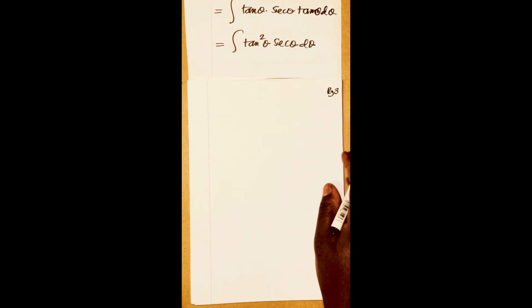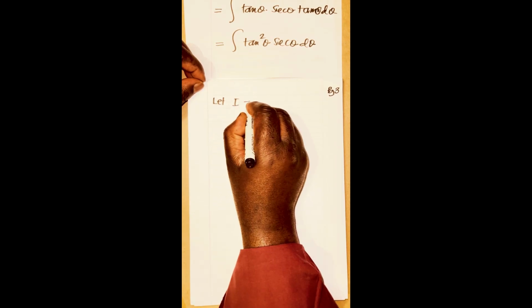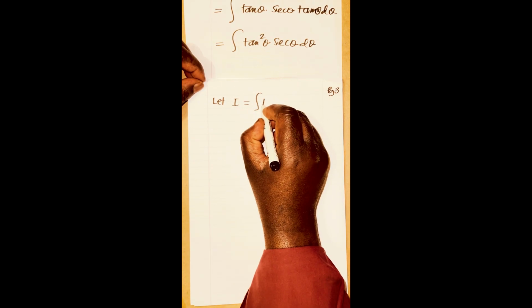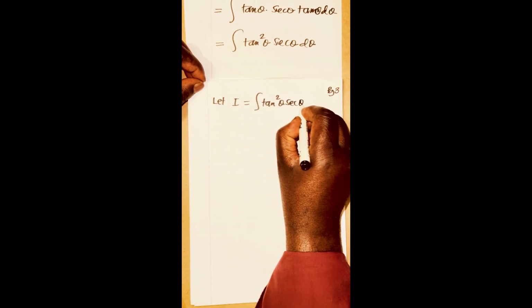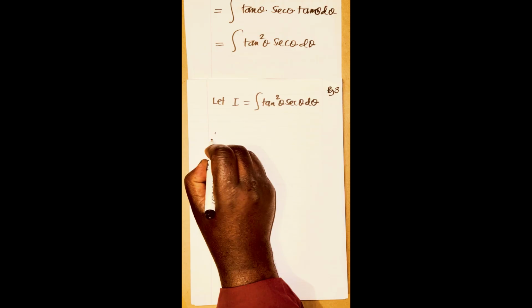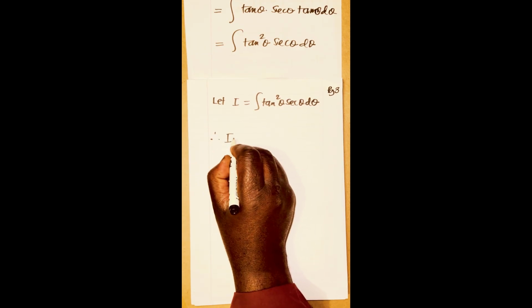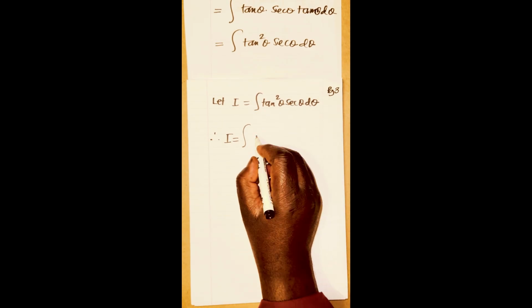expressions. So now I'm going to say let I be equal to the integral of tan squared theta times sec of theta d theta. You'll understand shortly why I'm doing that. So what it means is I is going to be equal to the integral of tan squared.